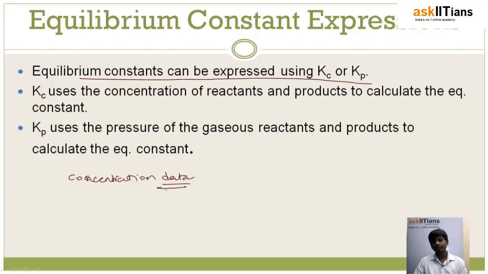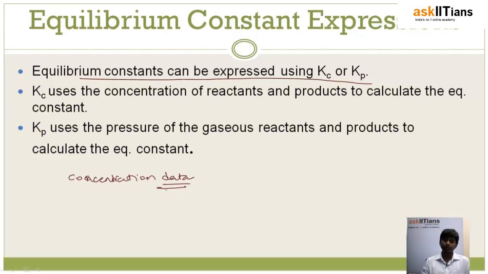Somehow you could not measure the concentration of your gases, but on the other hand you could measure the equilibrium pressure or partial pressure of each and every gaseous species involved in the reaction. Now all you need to do is figure out another way to find the equilibrium constant. Fine, you can do that.